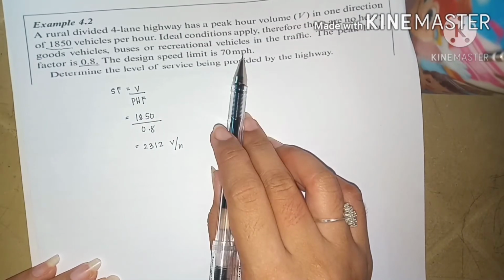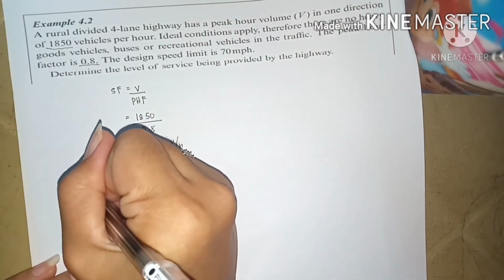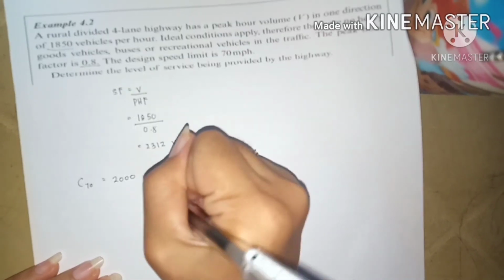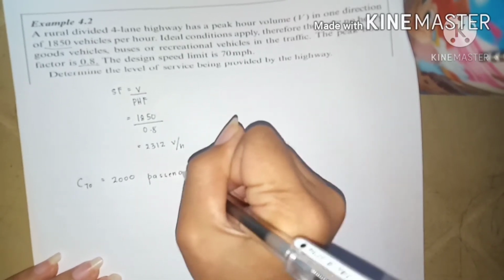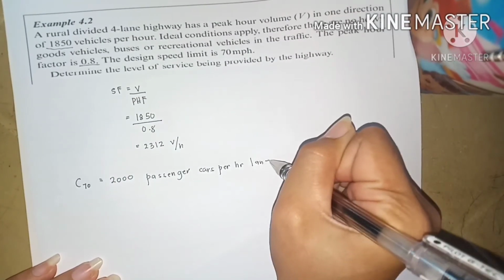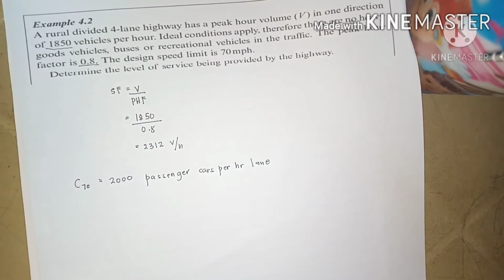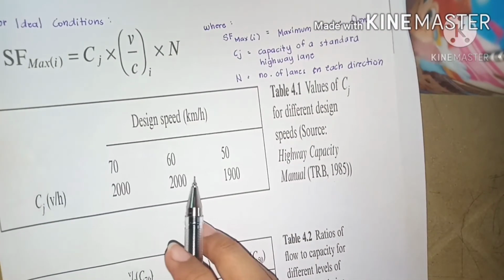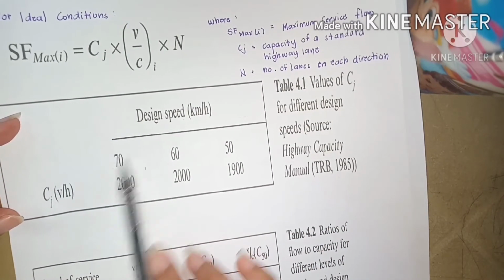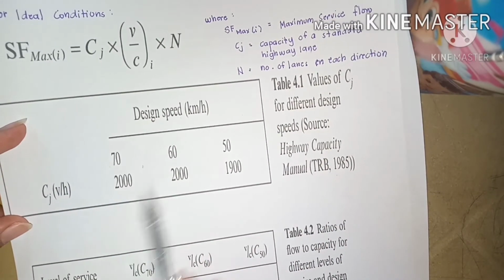Since sabi dito, ang design speed limit daw is 70 mph, meron tayong C70 is equal to 2,000 passenger cars per hour. Paano ko nasabing 2,000? According dito sa table 4.1, siya ay 70, so ang CJ niya is 2,000.